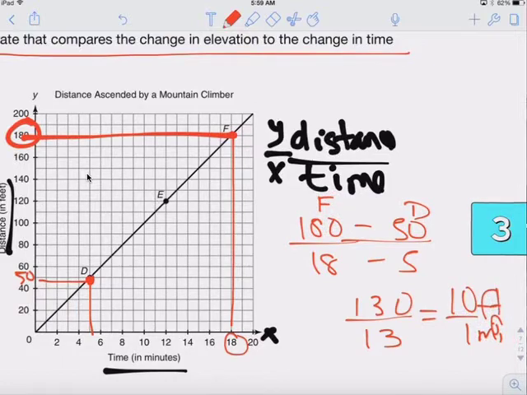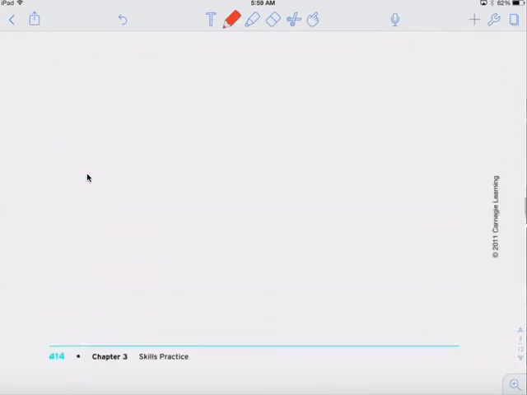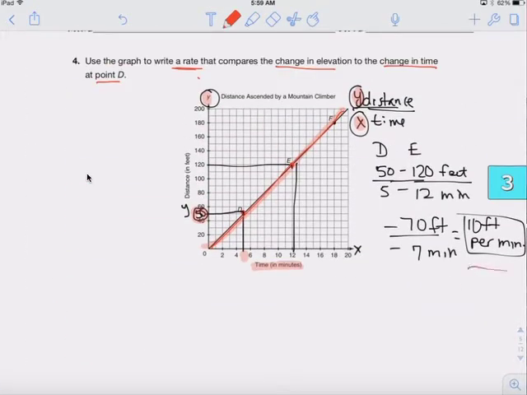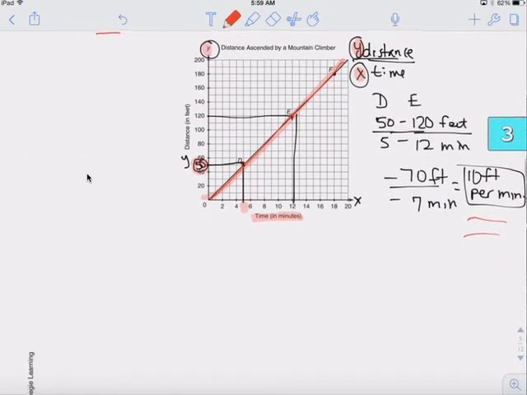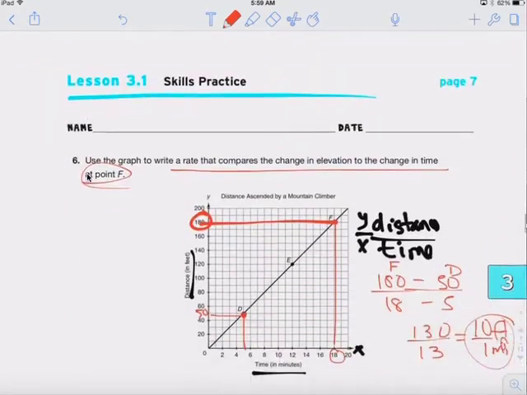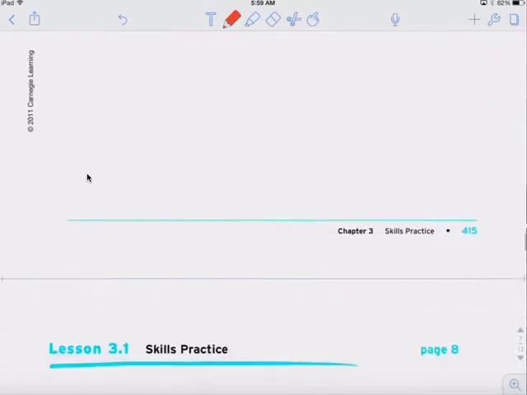Notice the rate of change is the same no matter what 2 points you choose. That's what they want you to see in this problem, is that the rate of change is the same no matter which 2 points you choose on a graph.